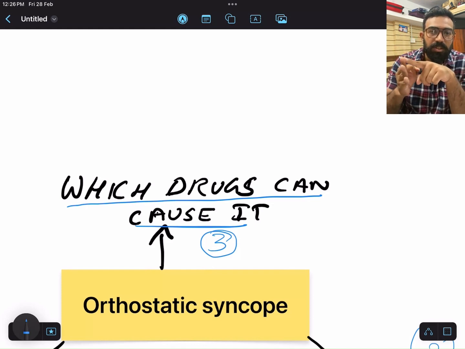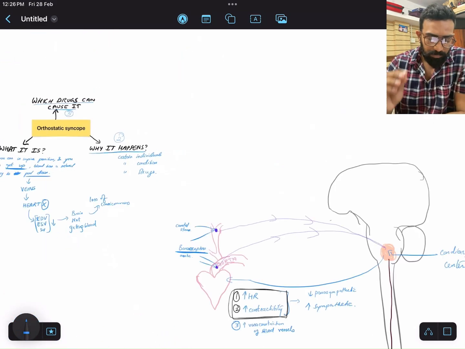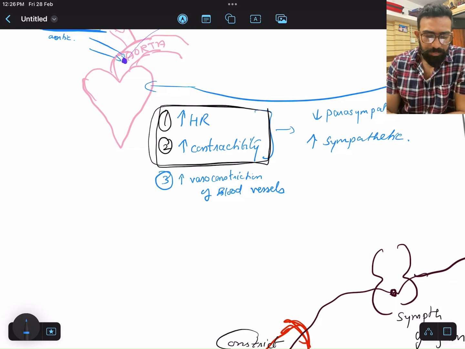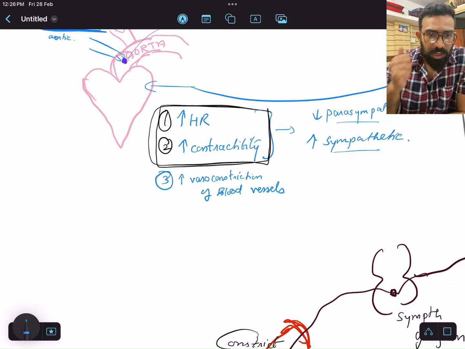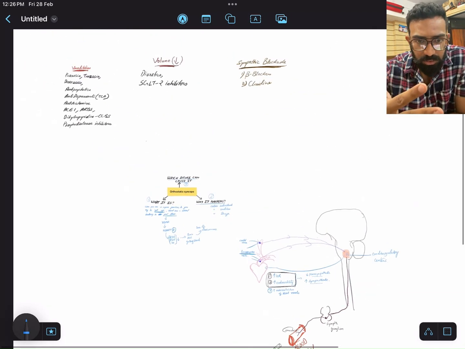Any drug which interferes with one or more of these will cause orthostatic syncope. So if a drug is interfering with the heart rate or the contractility, or causing vasodilation, there is a chance of orthostatic hypotension or orthostatic syncope.